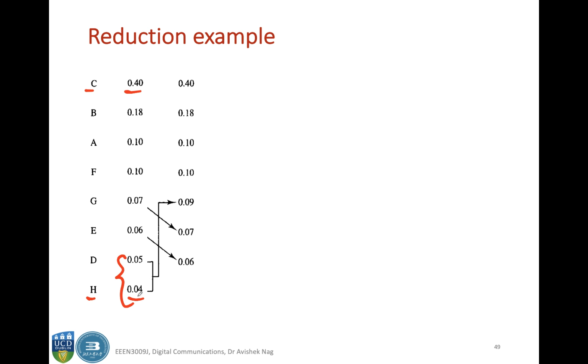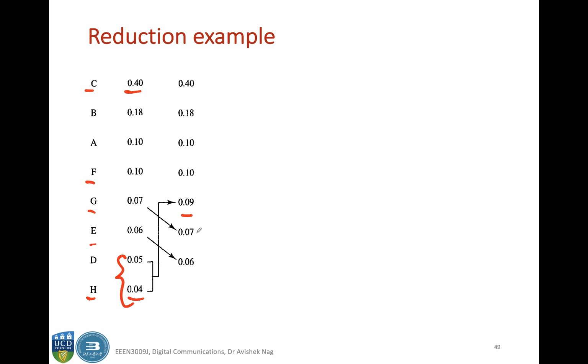So 0.05 and 0.04 gives you 0.09, and this goes here in between these numbers. So 0.10 is for F, and for G and E we have 0.07 and 0.06. If we add this, we get 0.09. So 0.09 should come between 0.10 and 0.07.